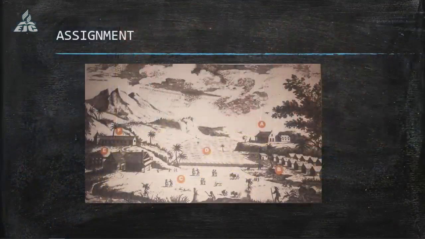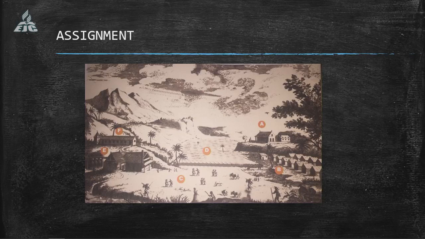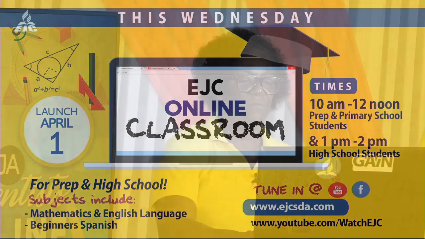Now you have here an assignment, where you are asked to identify various buildings that are on the estate, and you are asked to state the difference between these buildings.